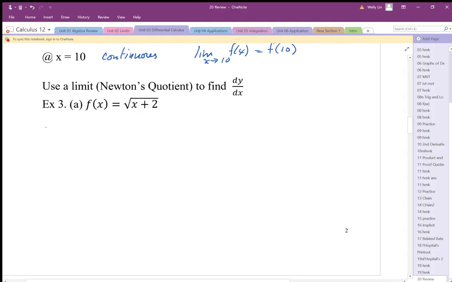So the derivative can be determined by setting up a limit as h goes to 0, and we want to move that point away from x just a little bit, h, and let that run of h go to 0.